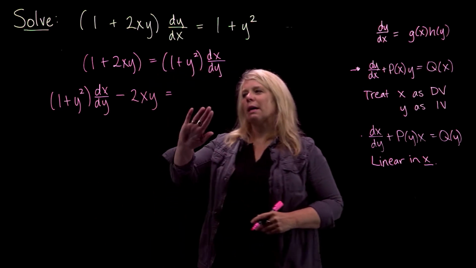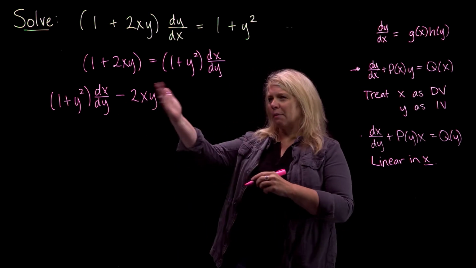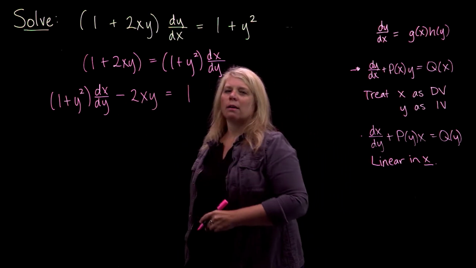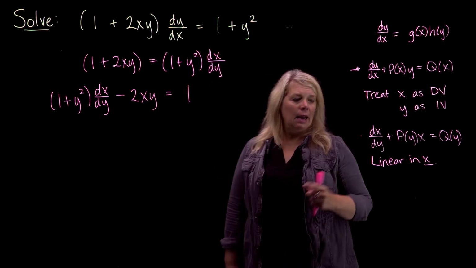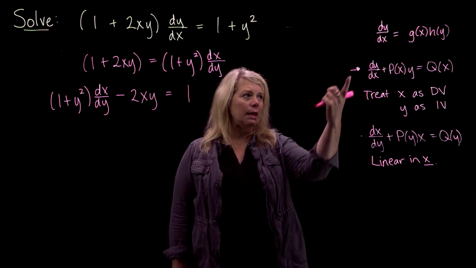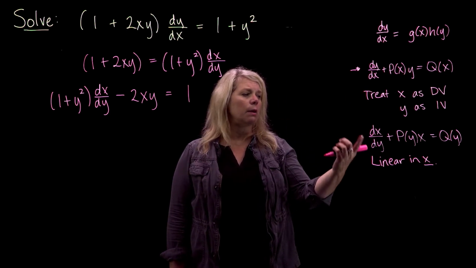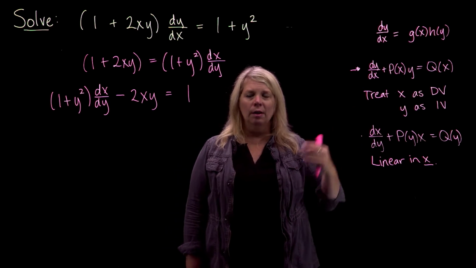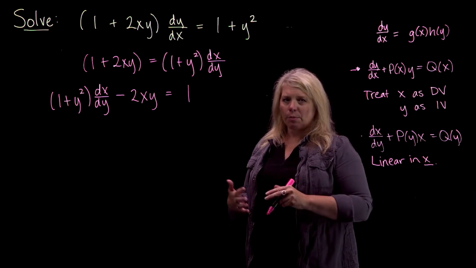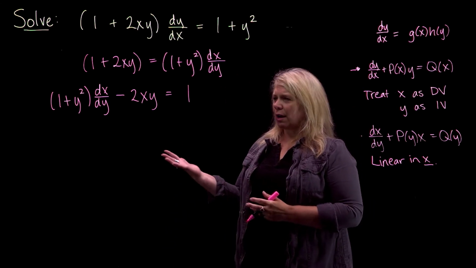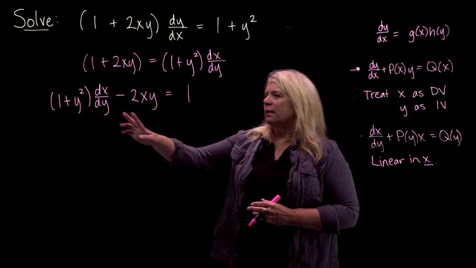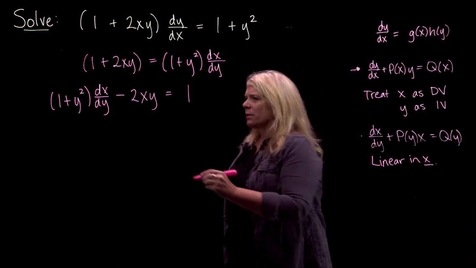I'm going to leave the constant term 1 on the other side of the equation. And then I want to get it in this form, just like we did with the standard linear one, so that we can find that integrating factor, multiply through, use our product rule, and integrate both sides. So I need to divide through by 1 plus y squared.